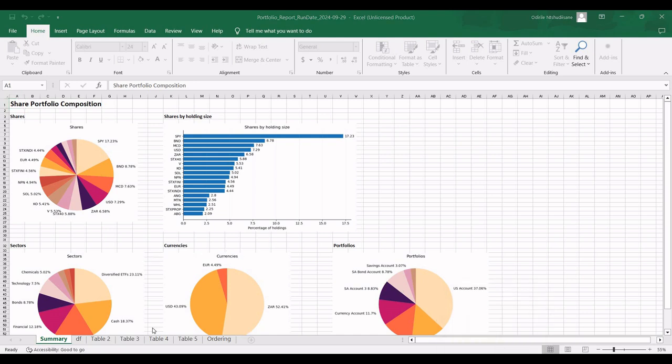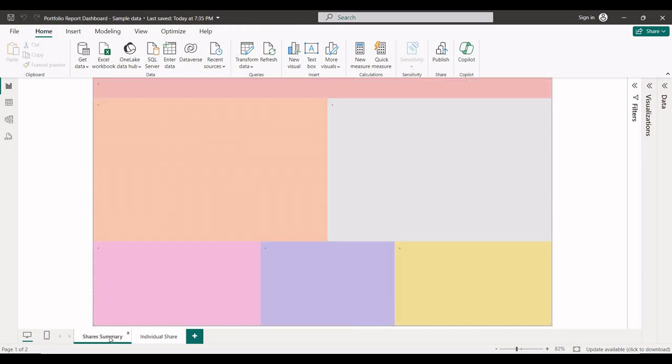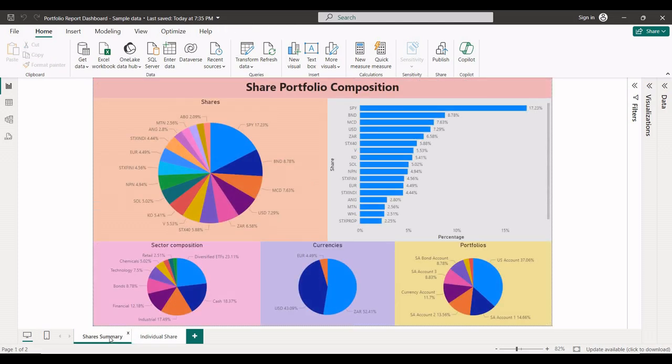And thus turns out to be this. So a Power BI report which takes the same format as the summary page in the Excel report.